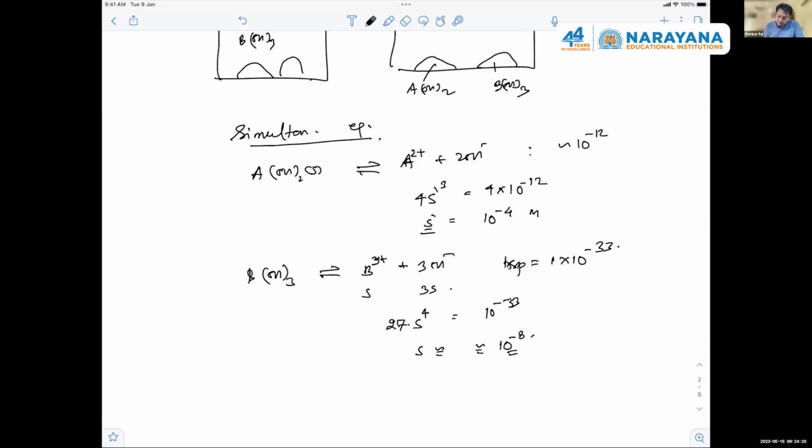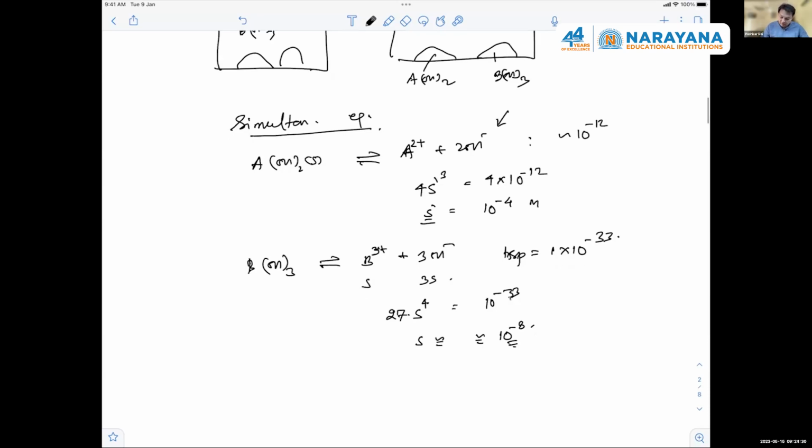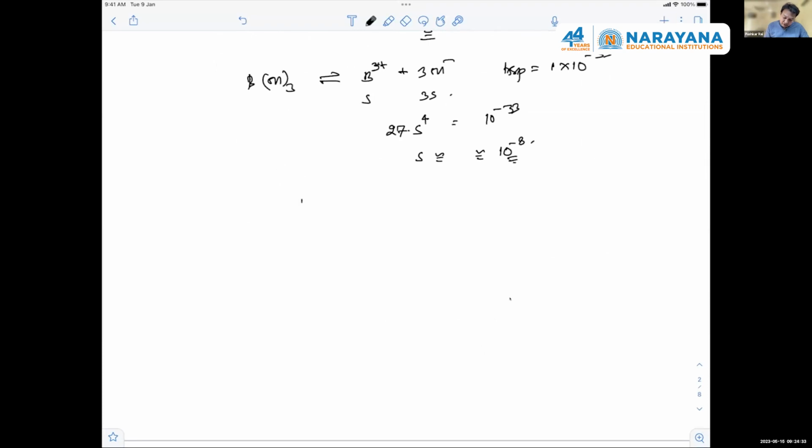And if it is of the order of 10 to the power minus 8, you can think this solubility is going to be very, very less. And in presence of this, the solubility is going to be further suppressed. You must not forget that water is also going to give H and OH negative. Of what order? Any guess?